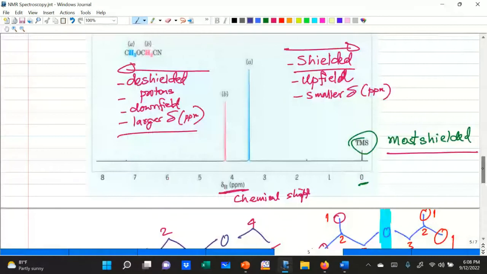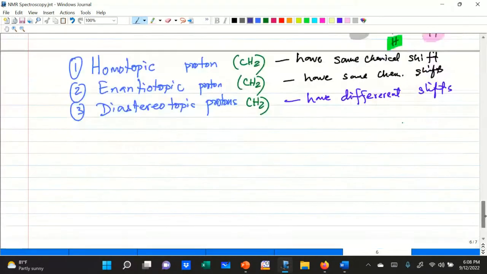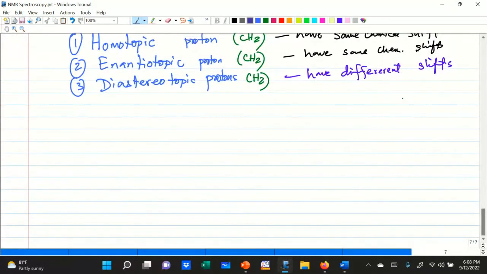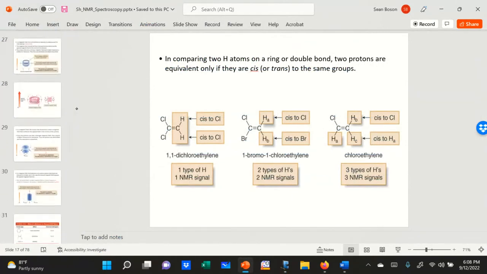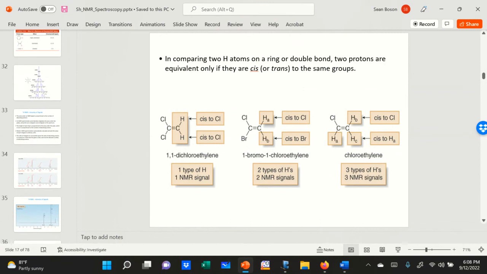So that is intensity. The last thing is the coupling, which is an extremely important and crucial thing for understanding the chemical environment.